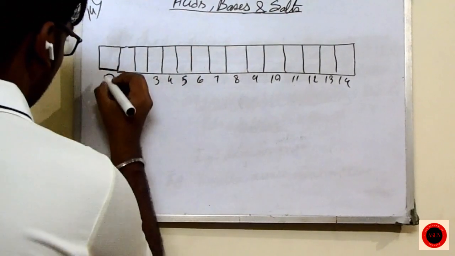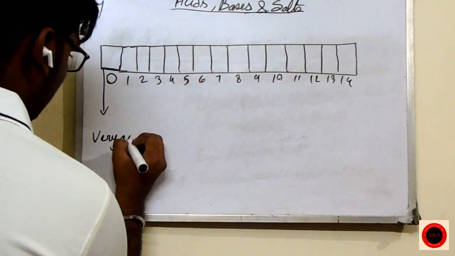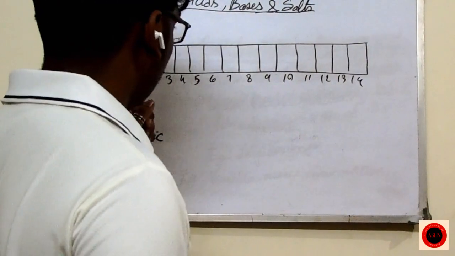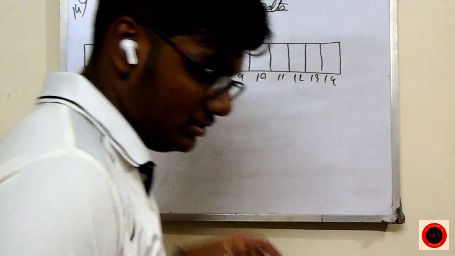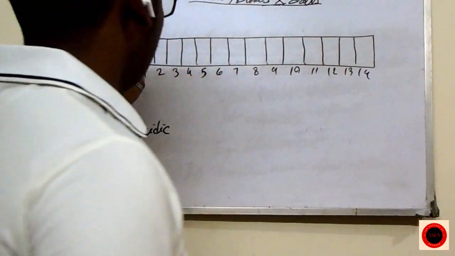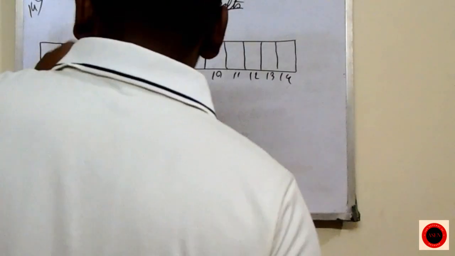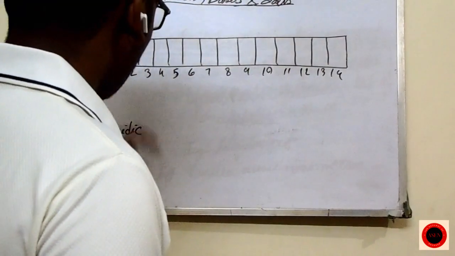0 means very acidic. Okay, if the color of the solution changes into red, that means it is very acidic.